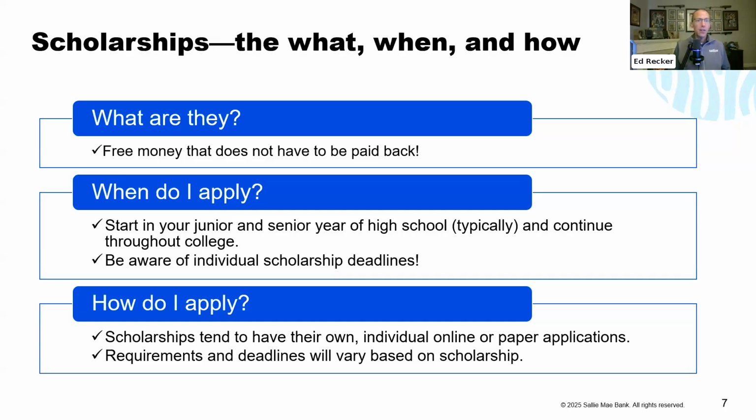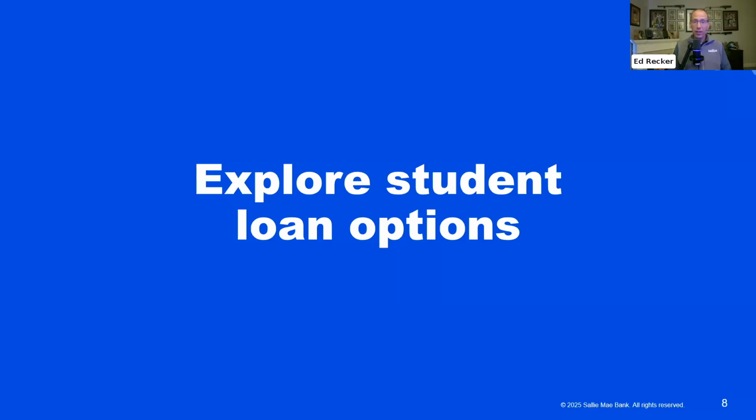And similarly, when we talk about how you apply, again, they have their own applications, they have their own deadlines. So make sure you're being mindful of all of those. But again, continue to search for them, continue to apply for them, because the more scholarships you get, the less money you have to pay, whether it be out of pocket or via student loans. And speaking of which, that's a really good segue to discuss our student loan options.